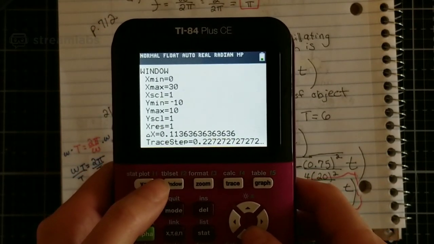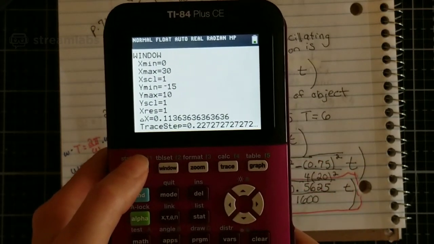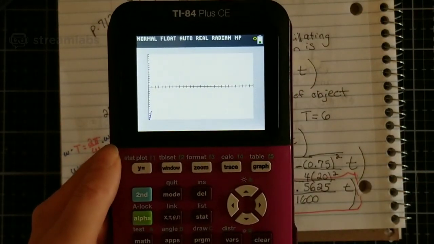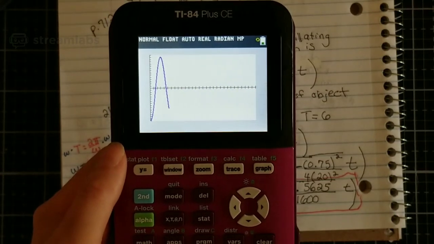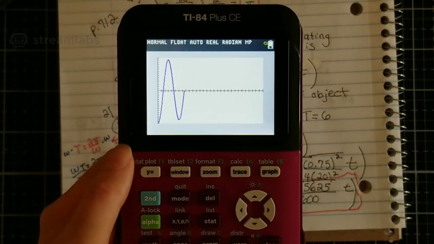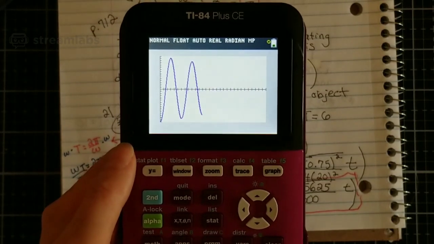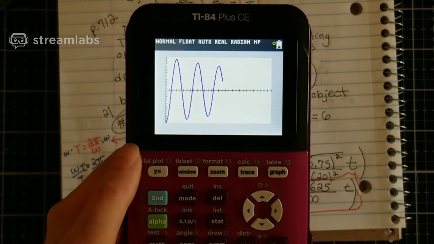My Y min is going to be -15 and +15 for my Y max. Okay. If you use those window settings, it should give you a good graph. I feel like that is the slowest graph I've ever seen drawn.